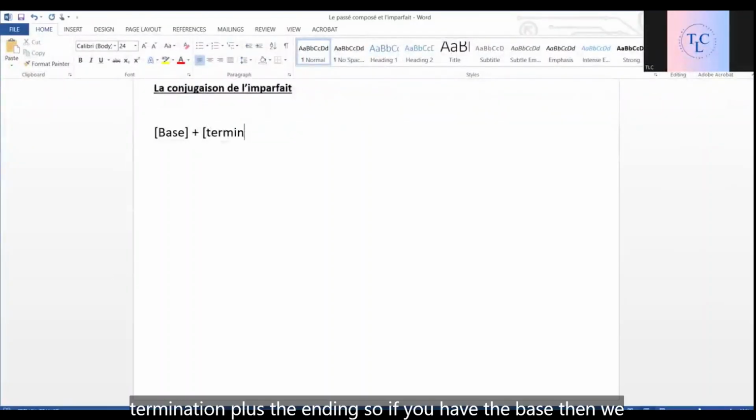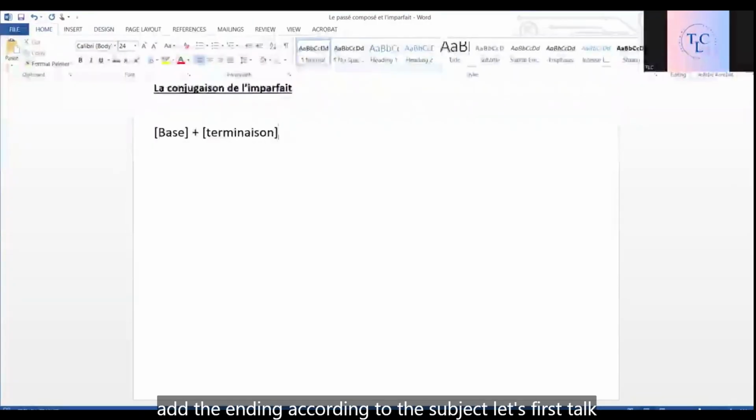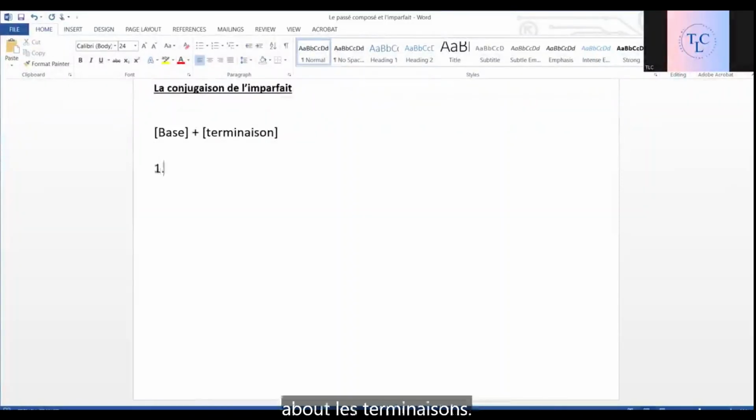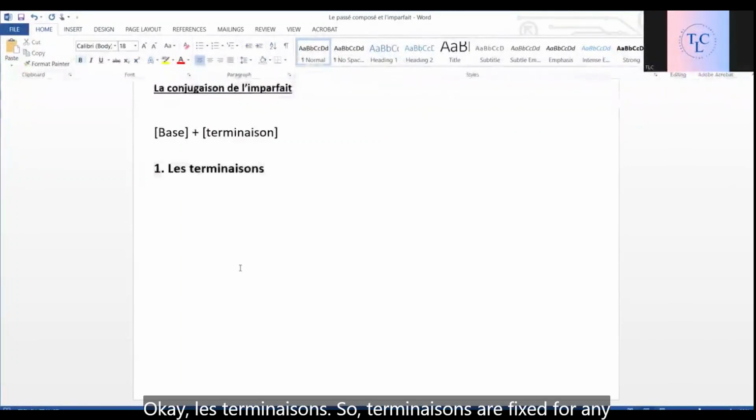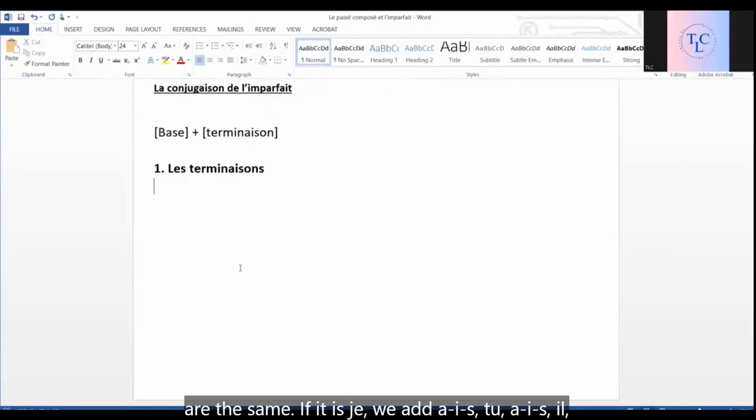Plus terminaison, the ending. So if you have the base, then we add the ending according to the subject. Let's first talk about les terminaisons. Terminaisons are fixed for any verb, be it a regular verb or an irregular verb. The endings are the same.